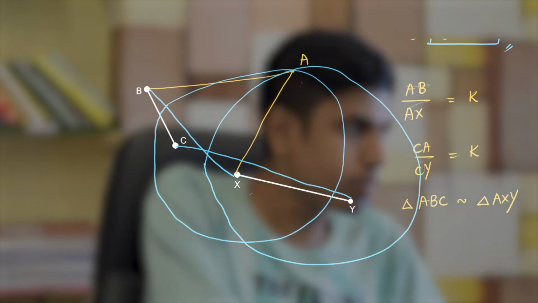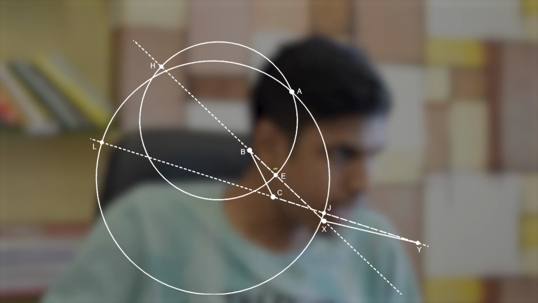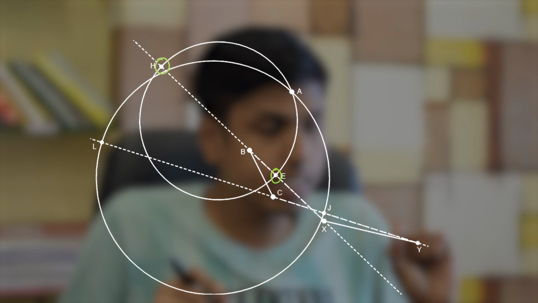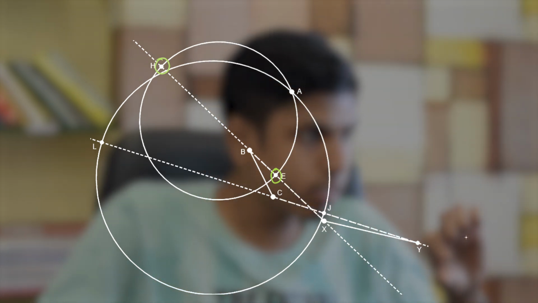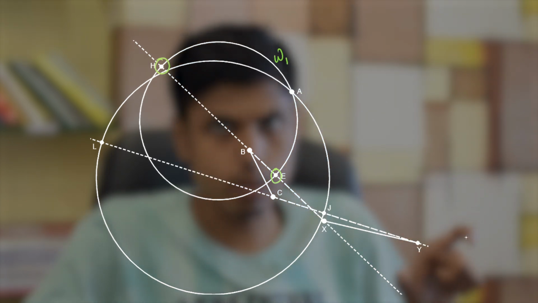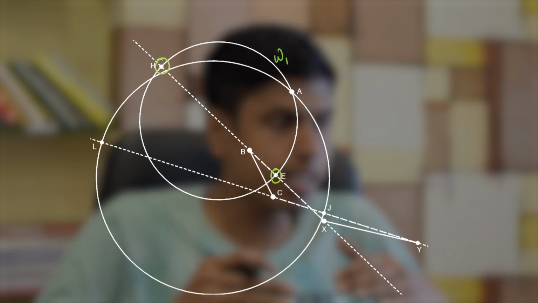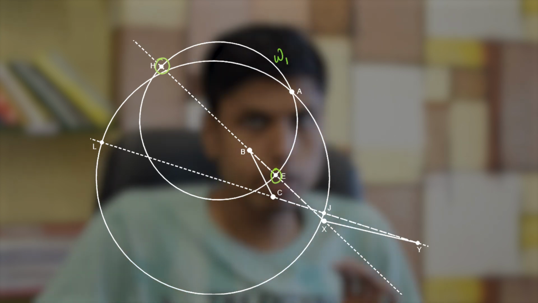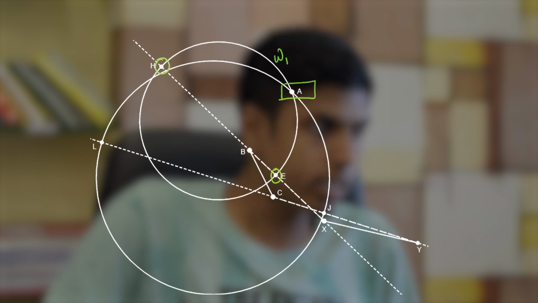And here is the diagram after construction. As you can see, the points E and H are the internal and external bisectors of the line segment BX such that the ratio is K. And the first circle, let's call it omega 1, is constructed with HE as its diameter, and the second circle, whose diameter is again the internal and external bisectors of CY with the same ratio K, meets it at the point A, creating the center of spiral similarity.